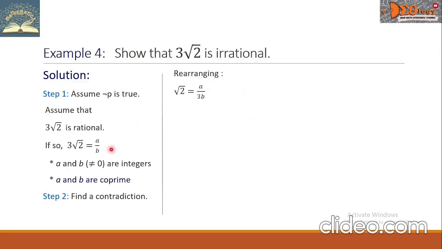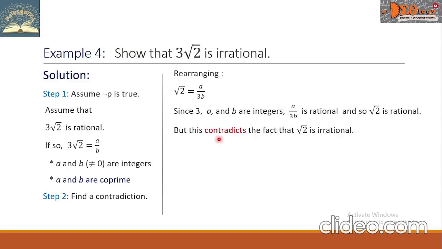We rearrange this equation and it becomes square root of 2 equals a over 3b. Since the number 3 and a and b are integers, the fraction a over 3b is rational. And so, the square root of 2 is rational.